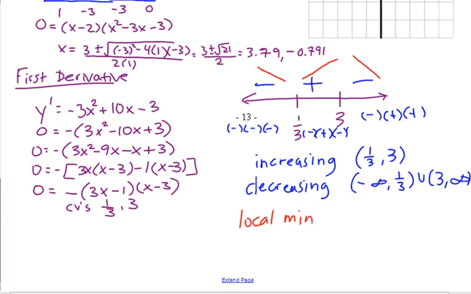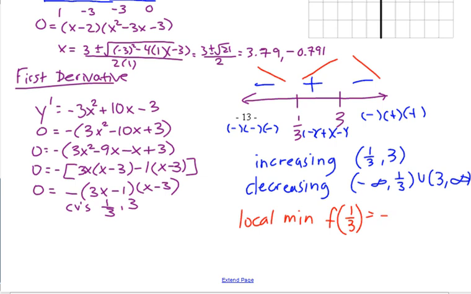Okay, so f of 1/3. Guess what you have to do with that? Do you want me to just tell you what it is? Okay, plugging it into the cubic, you are going to get negative 6.5.